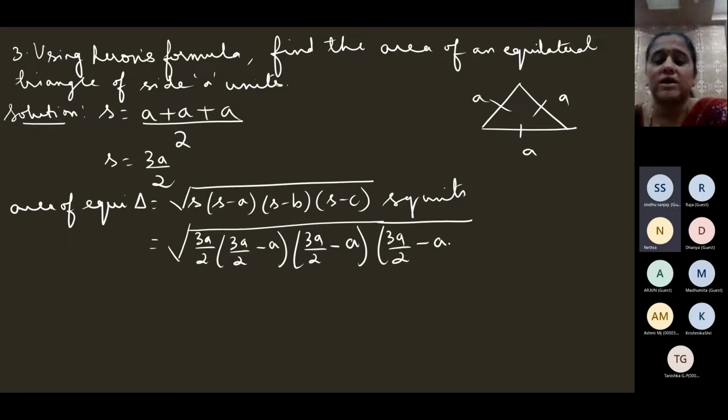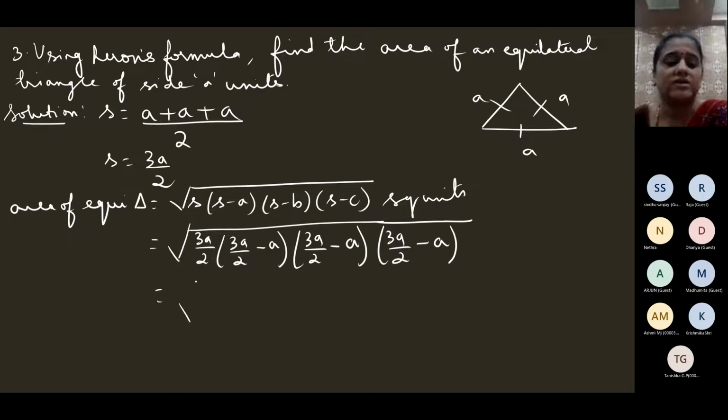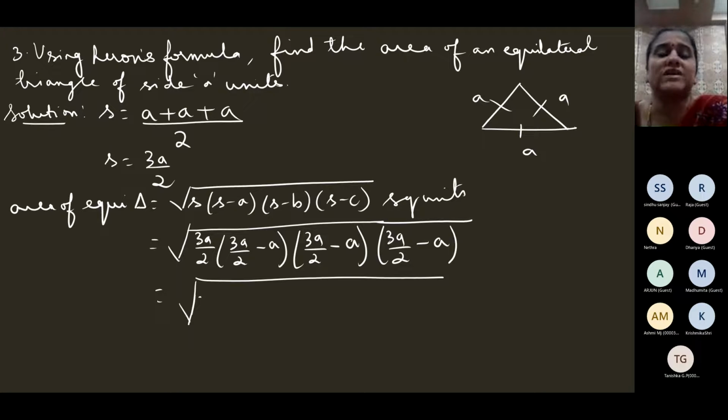A. In the formula, the three sides are called A, B, and C. Now, in this question, each side is equal to A units, so A is A, B is also A, C is also A. So 3A/2 as it is.